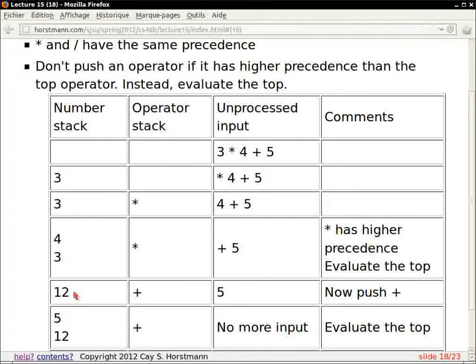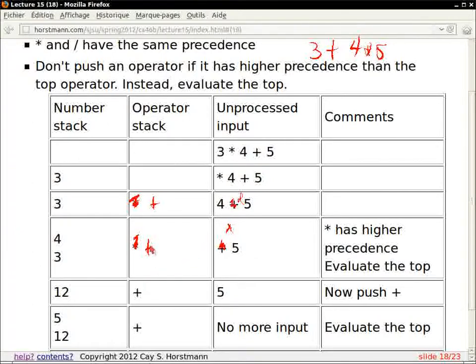But think for a minute it had been the other way around, that it was 3 plus 4 times 5. At this point here, this would have been a plus. This one here would have been a times. Now at this point here, you see there's a plus on the stack, and you are having a star, and that means that that plus cannot yet be applied.